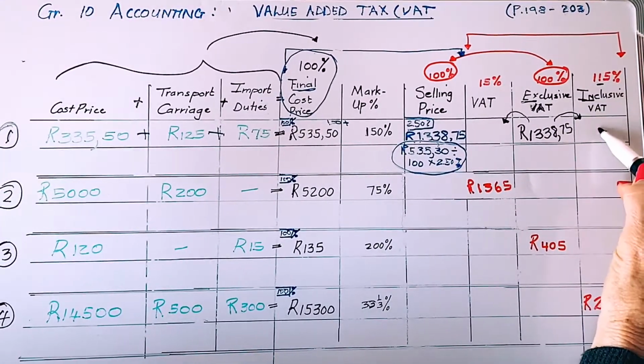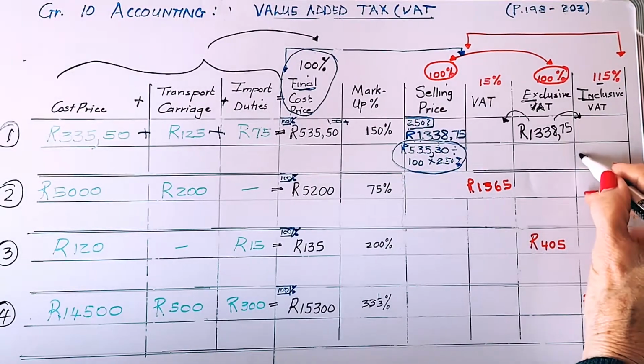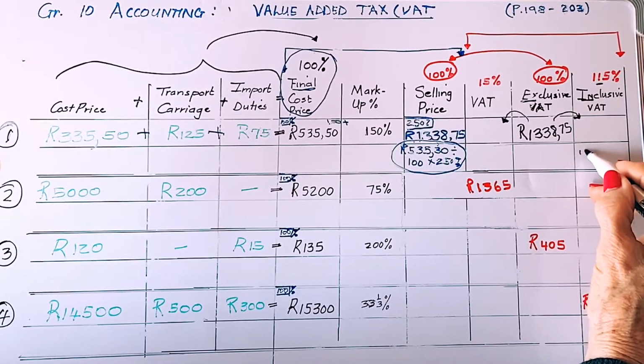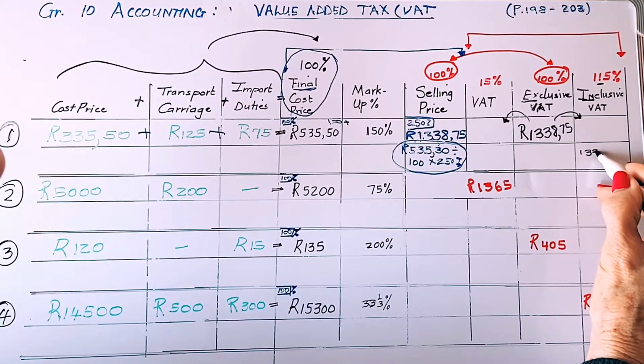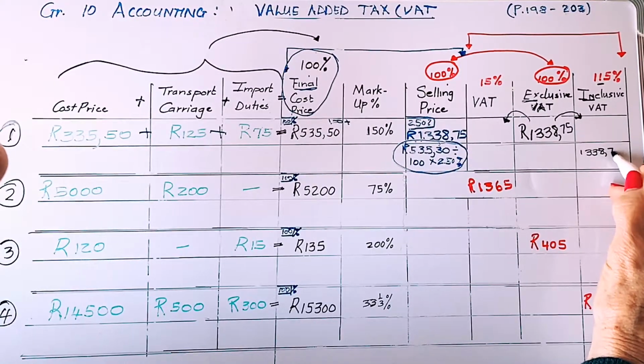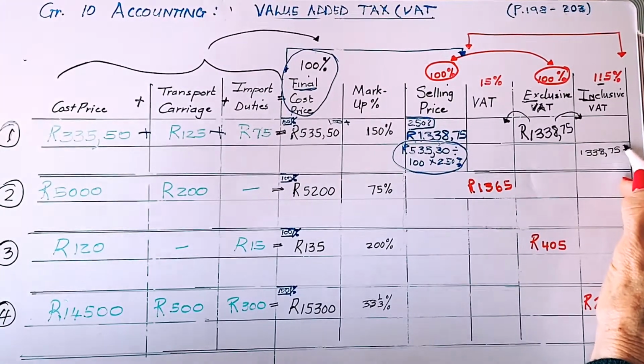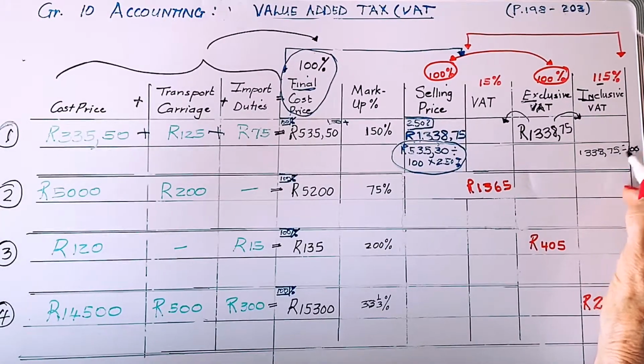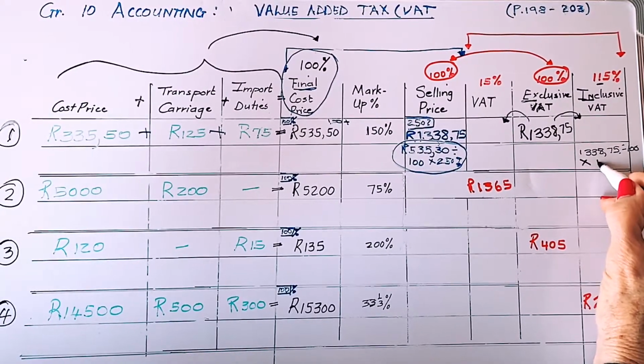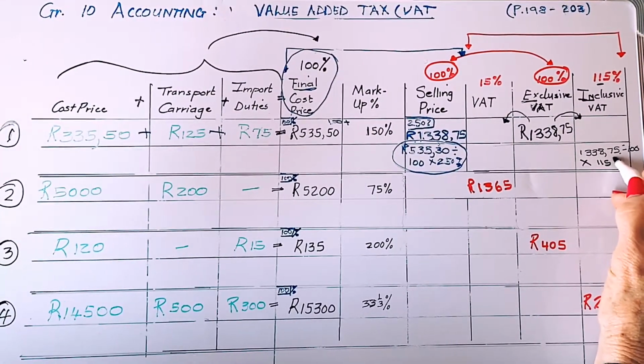So for me to calculate that amount, I'm going to start with my exclusive amount, 1338.75, divided by 100, times 115.